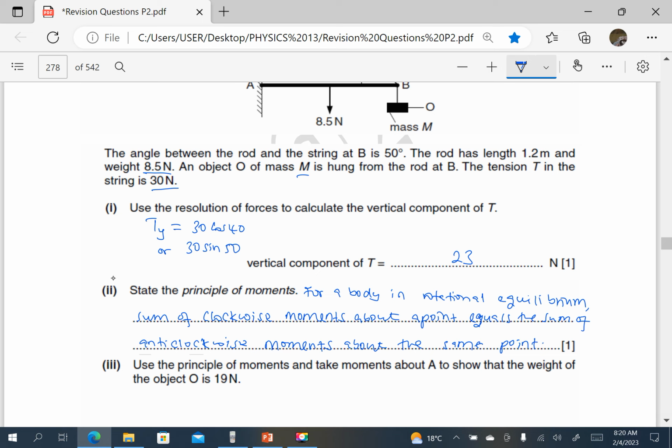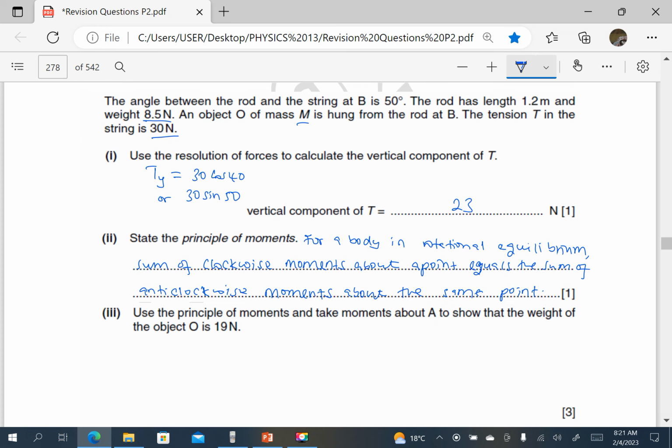The sum of clockwise moments about a point is equal to the sum of anti-clockwise moments about the same point. That is the principle of moments.